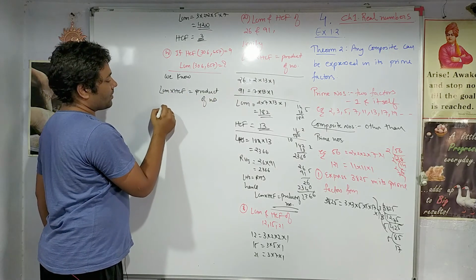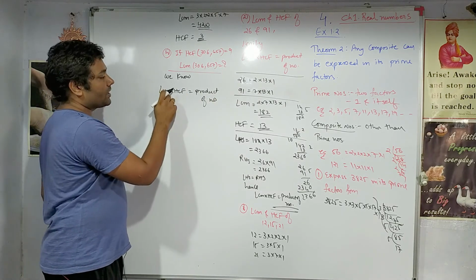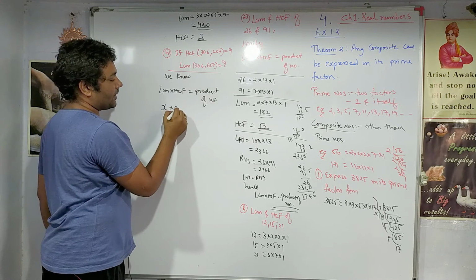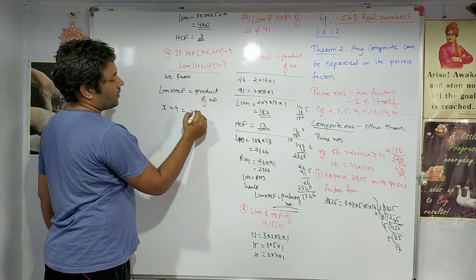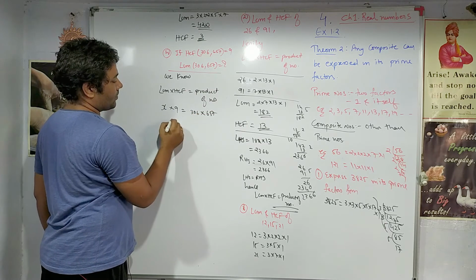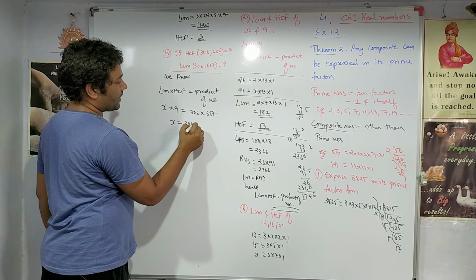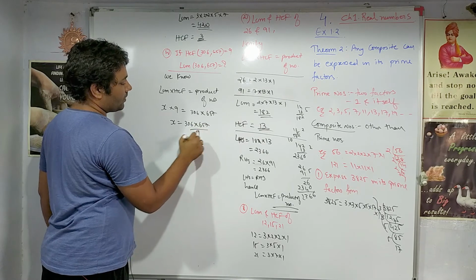So taking this, let us say LCM we do not know, so we take it X. HCF is given as 9, and the product of the two numbers is 306 and 657. So X will be equal to 306 into 657 by 9.